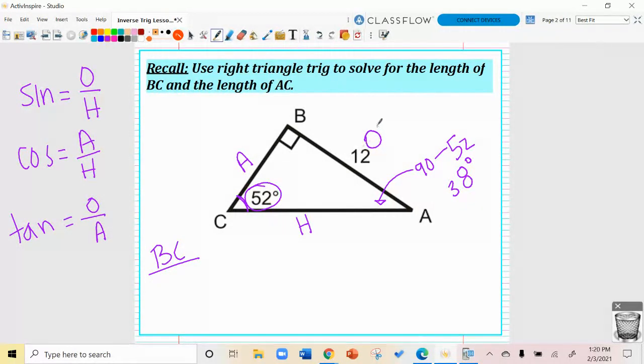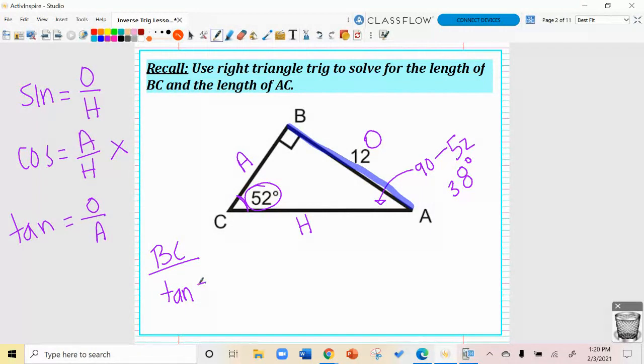I've got O. I don't have A, I don't have H. Well, I'm not going to be using cosine then. If my goal right now is to figure out BC, I'm going to be working with A and O. Oh, I need tangent. Okay, cool.